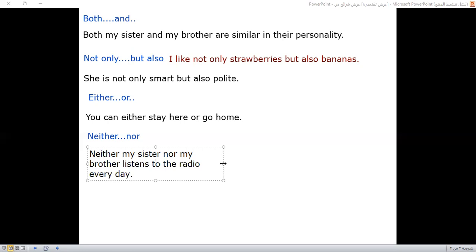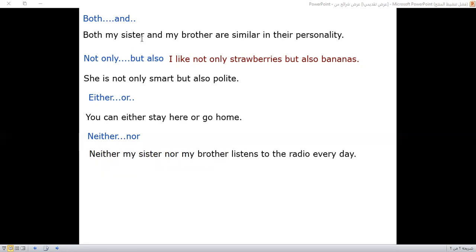We remember here that in both and we said that the verb should be in a plural form because I'm mentioning two things, my sister and my brother, or my friend and my other friend. So they are two things. That's why I'm going to use a plural form of the verb.